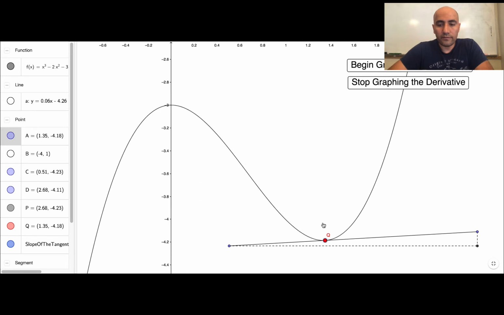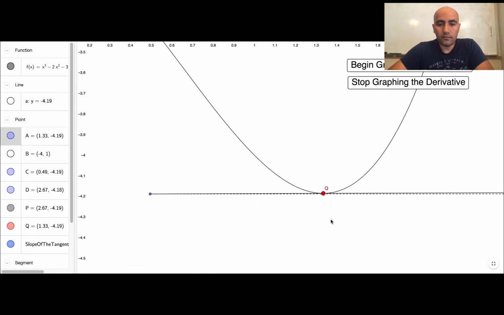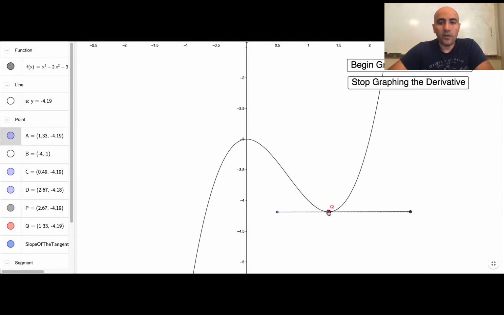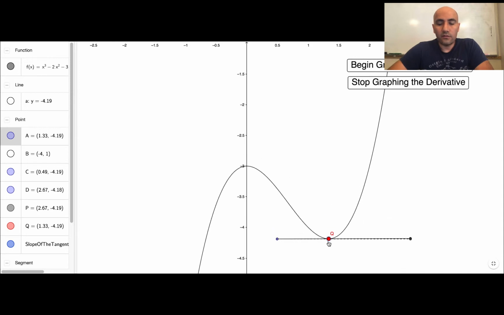Let me zoom into there. This is going to correspond to the x input value of 4/3, just a little bit past 1. It's going to be somewhere over here, a little bit past 1.